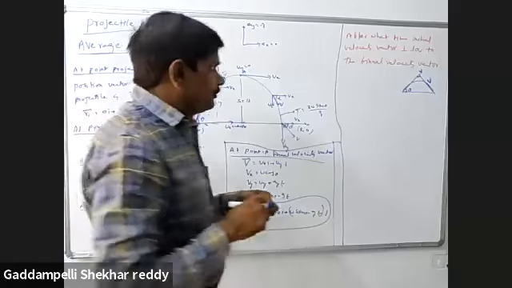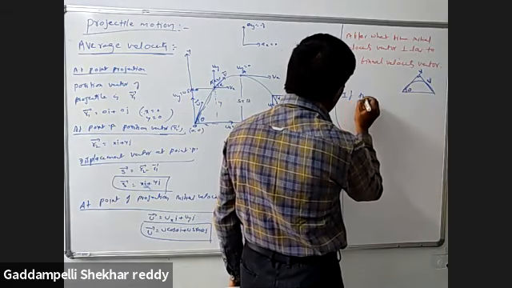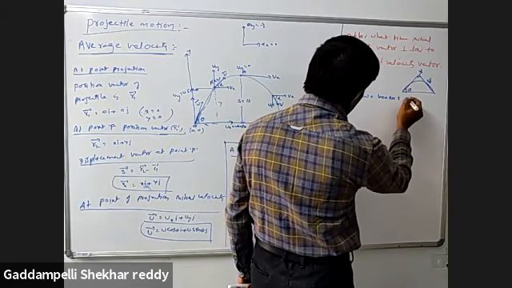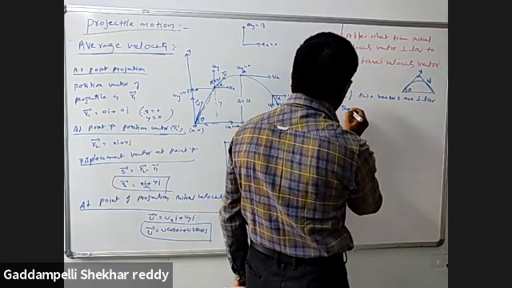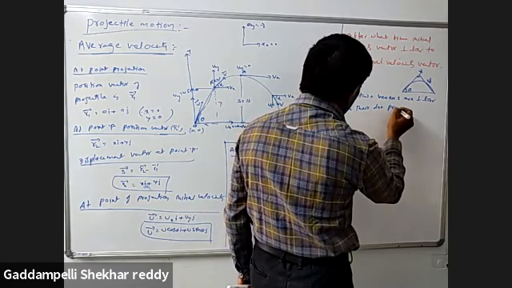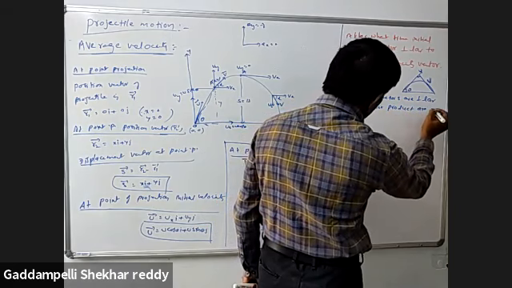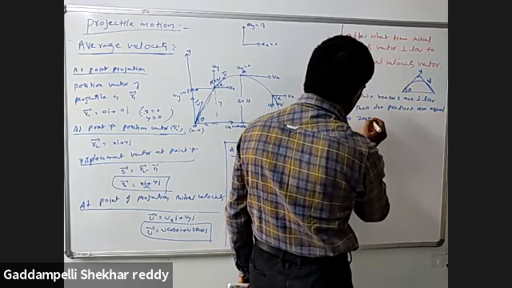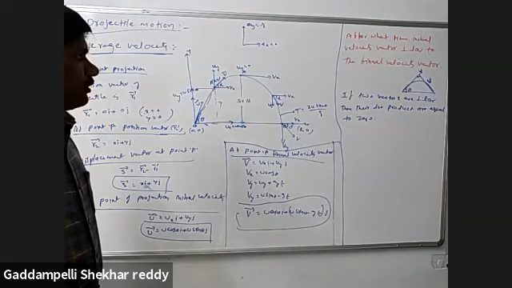So here, now we know that if two vectors are perpendicular, then their dot product is equal to 0.